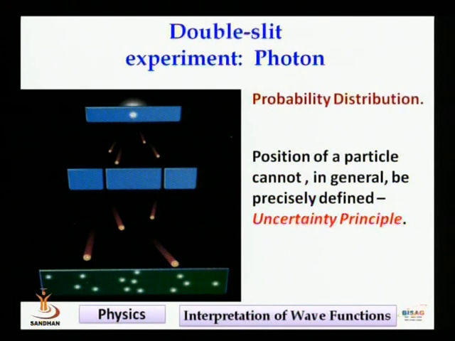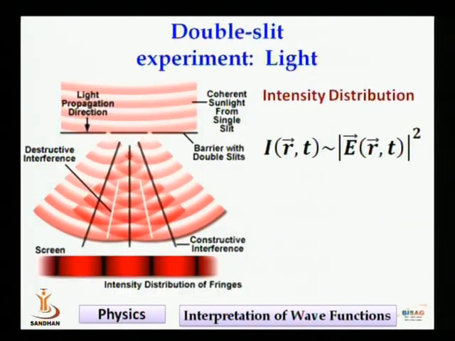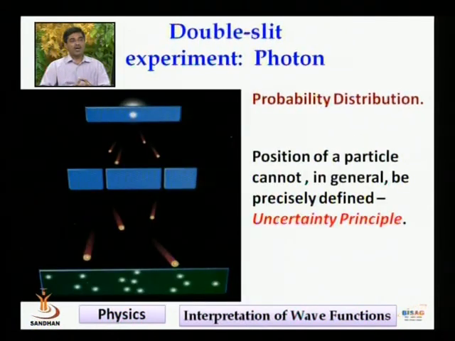Analogous to the previous slide, where we showed how light is diffracted and an intensity distribution is obtained on the screen, we can now talk about the probability distribution of the position of the photons. As you can see from the pictorial representation, the white spots show the positions at which the photons on diffraction are received on the screen.